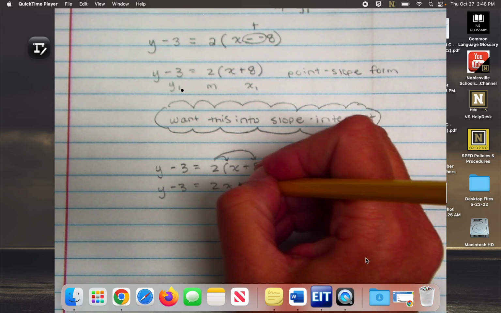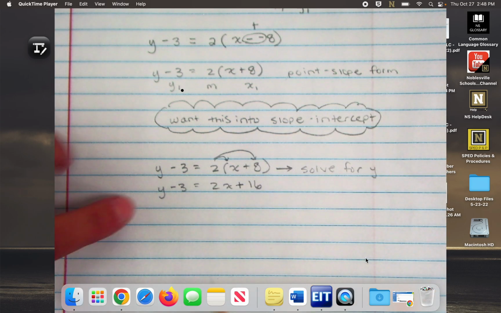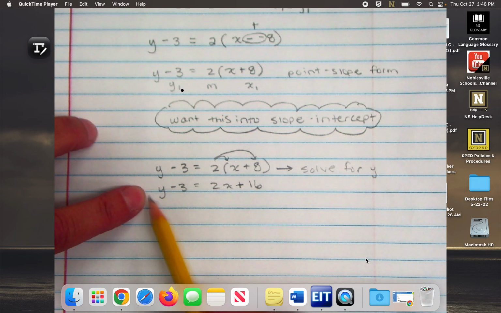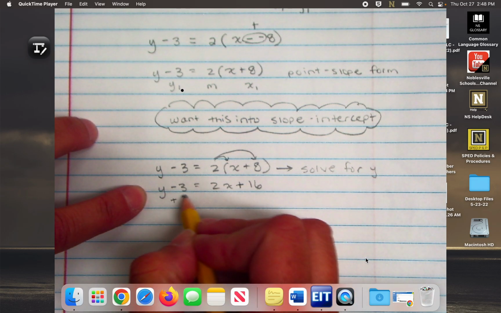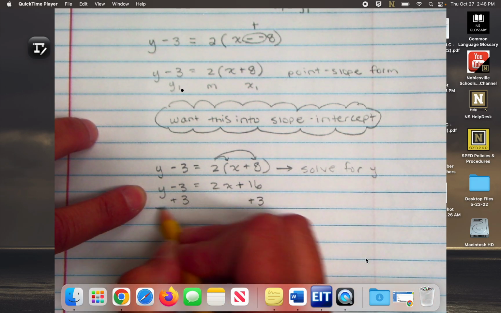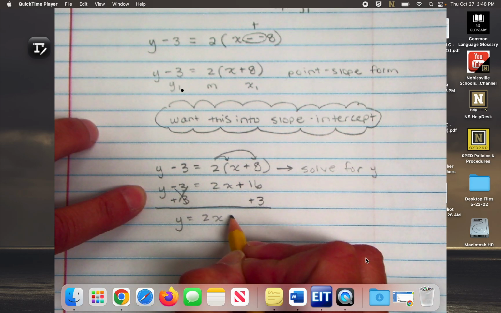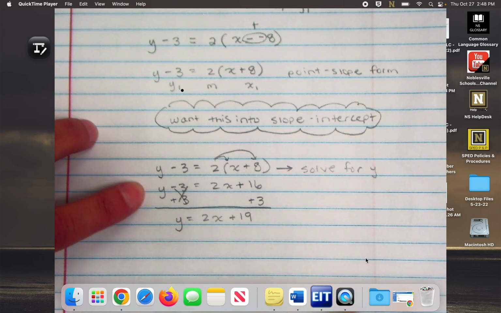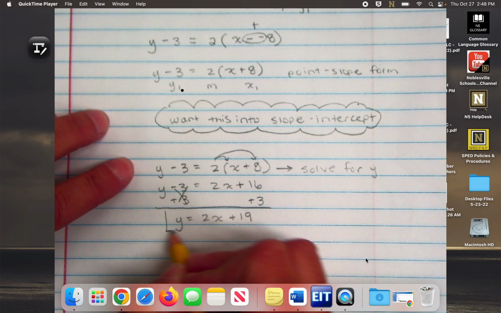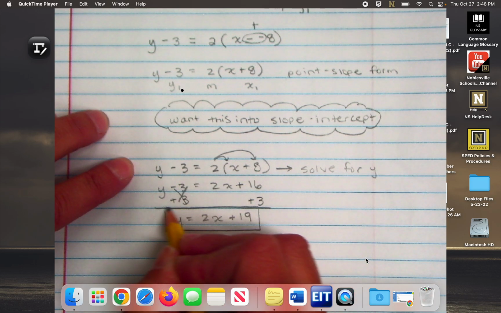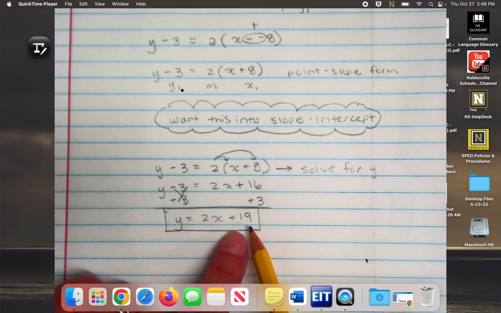Remember, I'm trying to get y by itself, so I'm going to add 3 to both sides. y equals 2x plus 19. Your y-intercept is 0, 19.